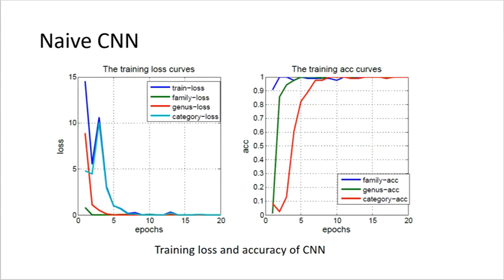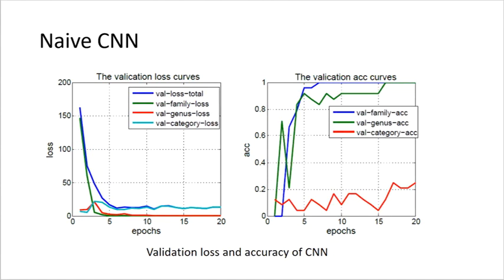Here are the training results. We can see from the plots that the training is pretty good. For the training set, we get low loss and high accuracy. And for the validation set, the loss is still quite low, but the accuracy curve seems interesting.